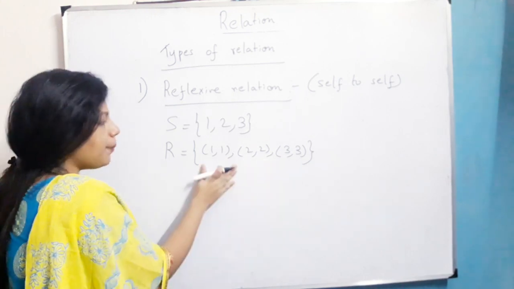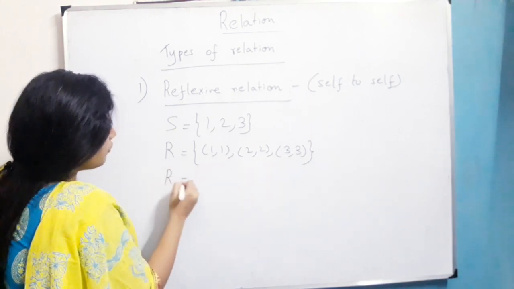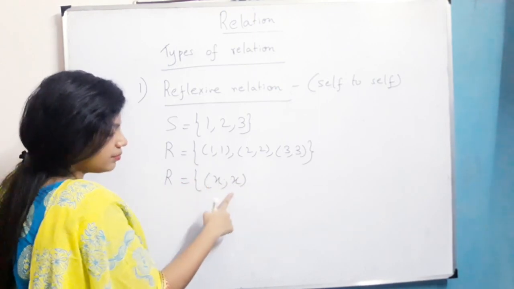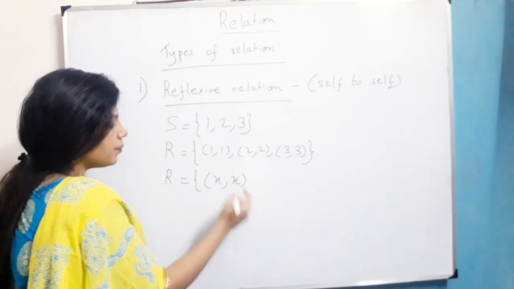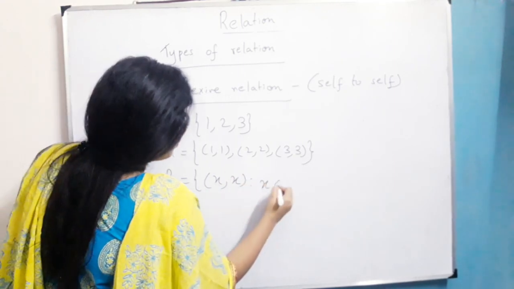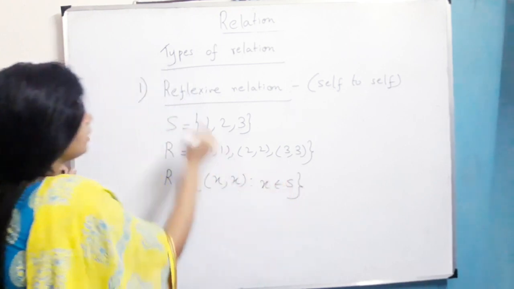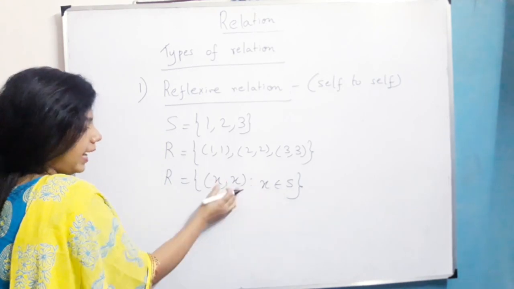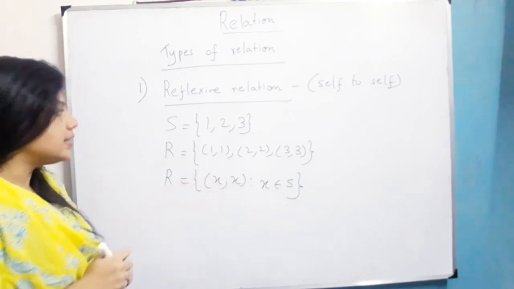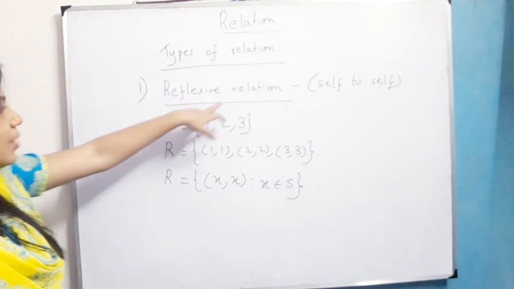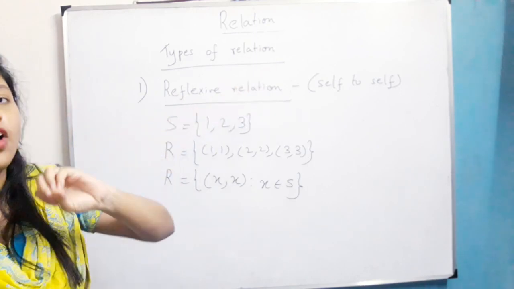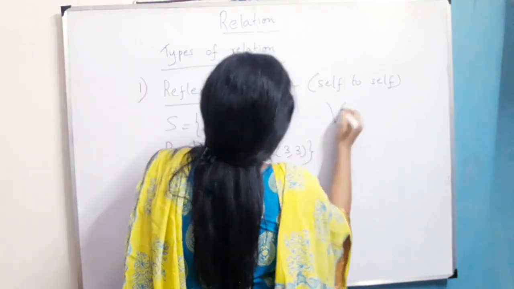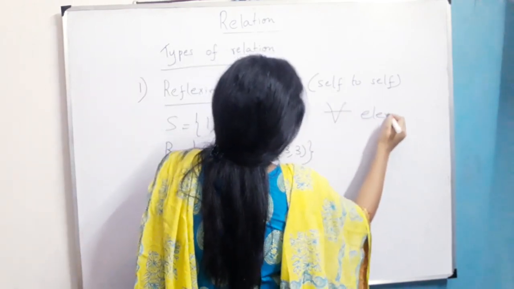So if we observe this properly, we can say R equals (X,X), both are X here and X belongs to S, whatever the set given, X belongs to S. Now this reflexive relation should hold for all the elements of the set. Okay, write down there: for all elements.